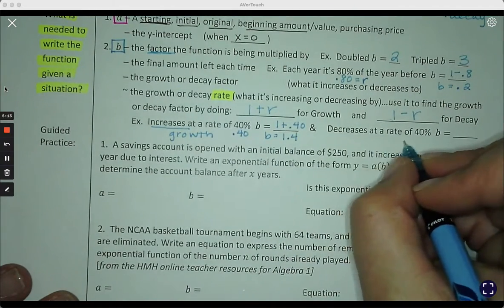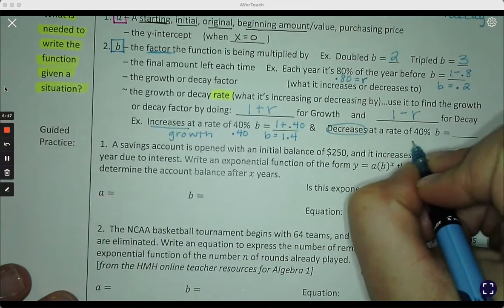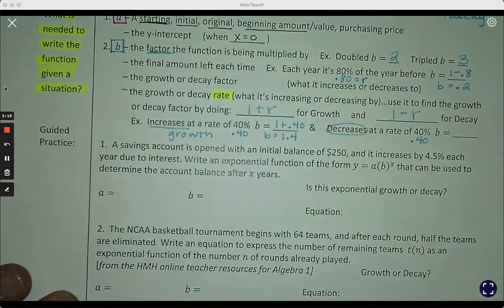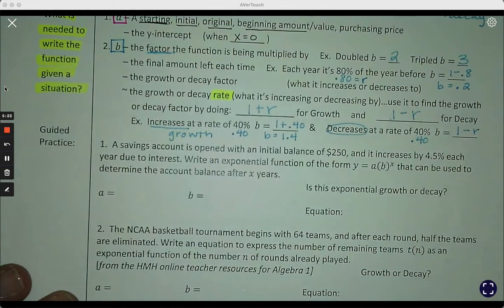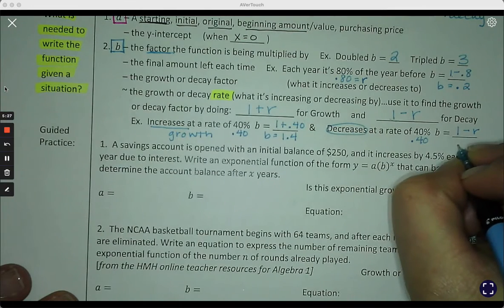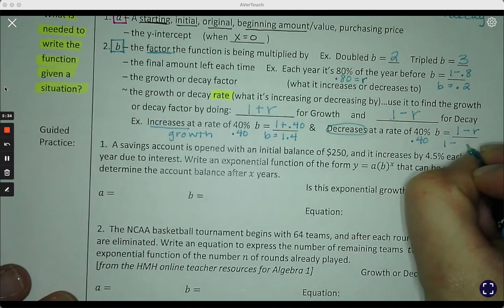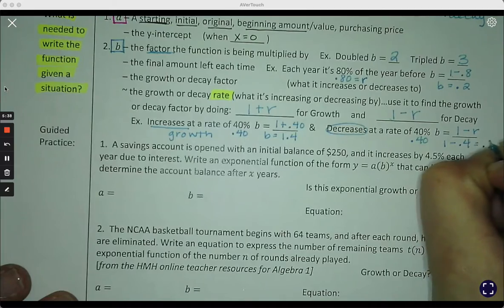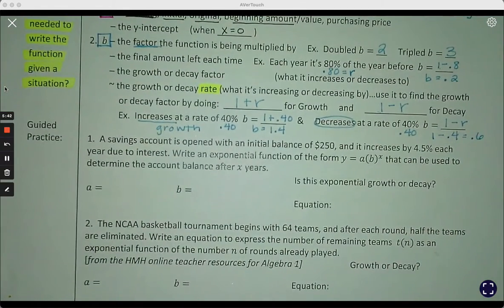But if it decreases at a rate of 40%, 0.4, b is equal to 1 minus r. So 1 minus 0.4 equals 0.6.